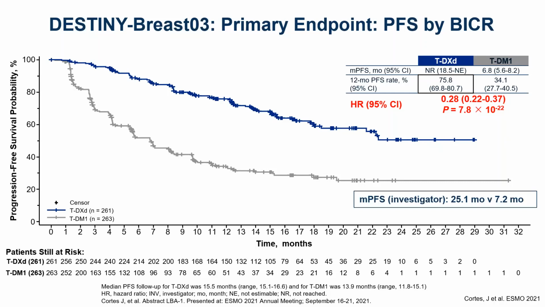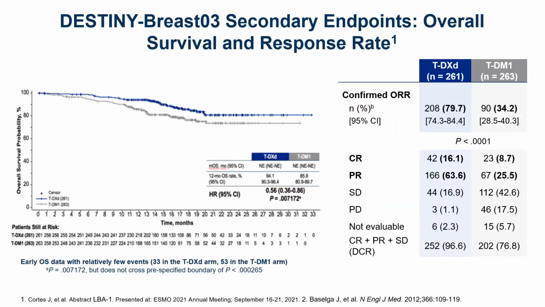Very exciting data, indicating that it has a 72% better progression-free survival compared to TDM1. And it looks like overall survival, how long patients live, period, end of sentence, is trending toward better. There were fortunately very few patient deaths at the time of reporting. This data will continue to mature.